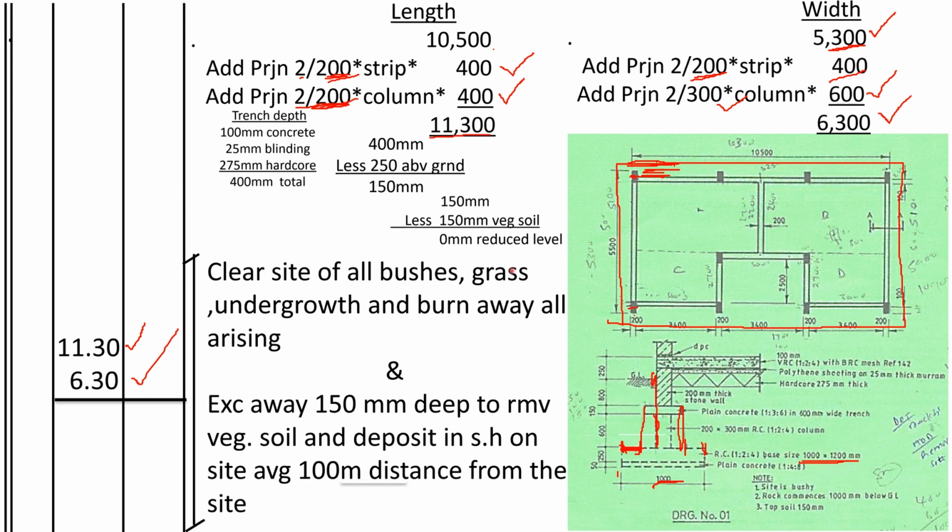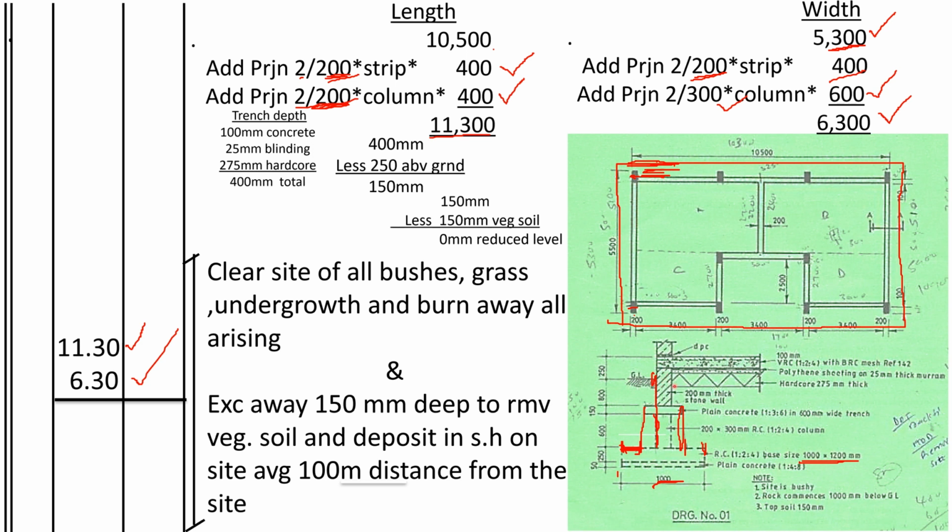This means that after removing the vegetable soil at a depth of 150 millimeters, we will already be in the reduced level. I hope that is clear. The reduced level is the level where we lay our hardcore. So we wanted to know how much depth we shall be able to excavate from the ground level. Then after the topsoil has been excavated, the remaining depth is the one that we reduce the level to.